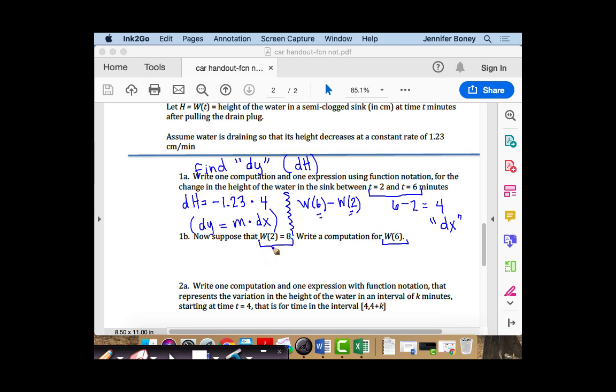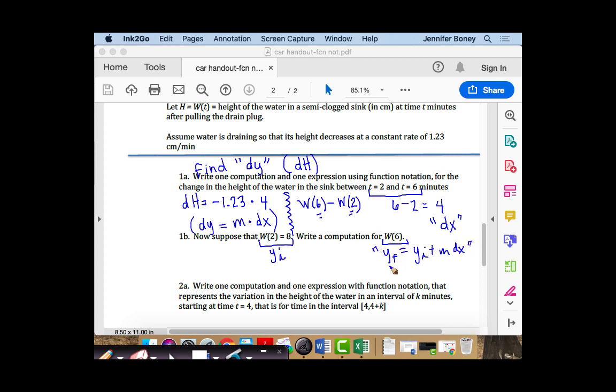So thinking about other things we've written, y initial and y final, we want to write a computation for y final. Oh, well, based on the stuff in the box below, y final is y initial plus dy, or y initial plus m dx, just using the general x y letters.